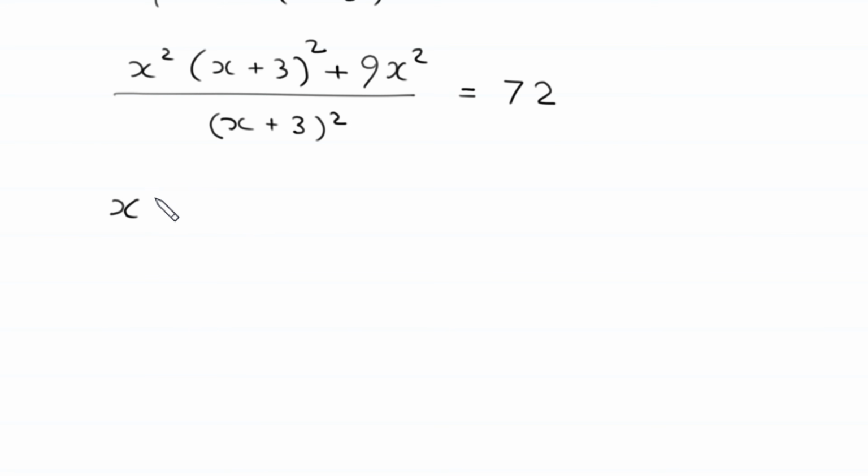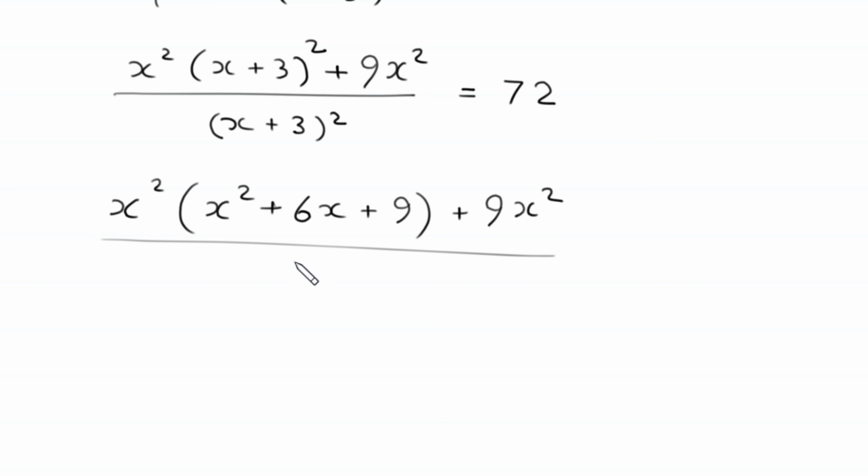Next, x squared times, we expand this (x plus 3) whole squared. This will become x squared times (x squared plus 6x plus 9) plus this 9x squared divided by this (x plus 3) whole squared is equal to 72.